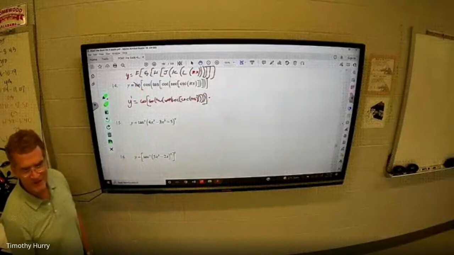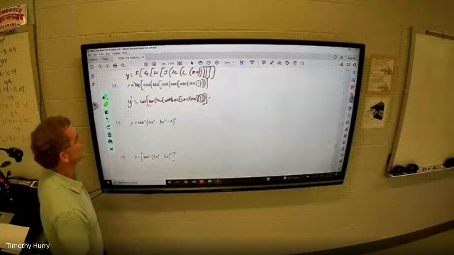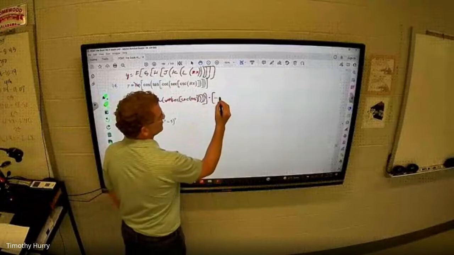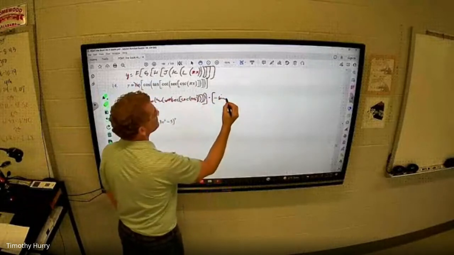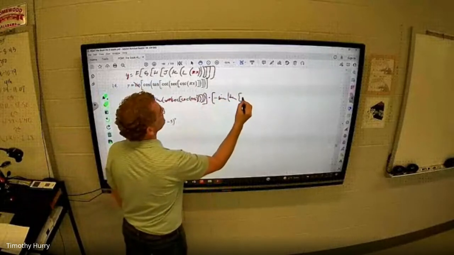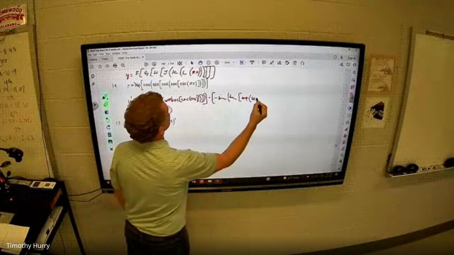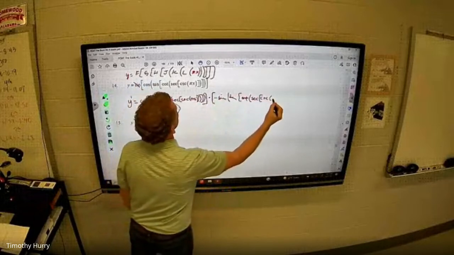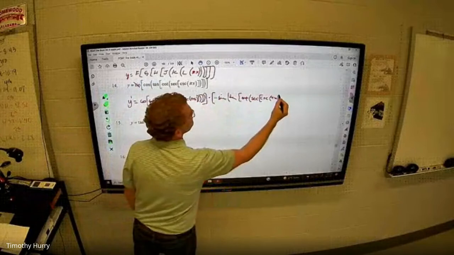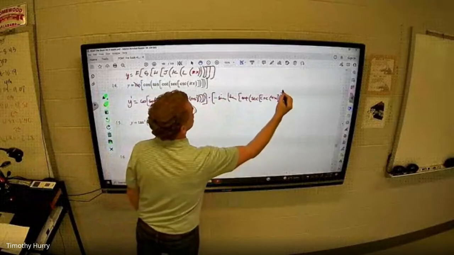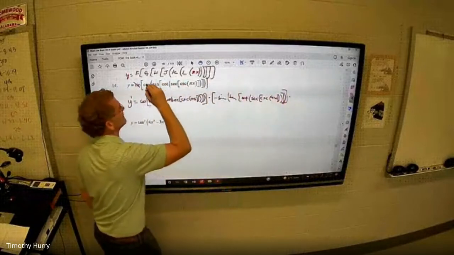Now, what's the derivative of cosine? Negative sine of tan, cotangent, secant, cosecant, pi x, times, and that takes care of the cosine.